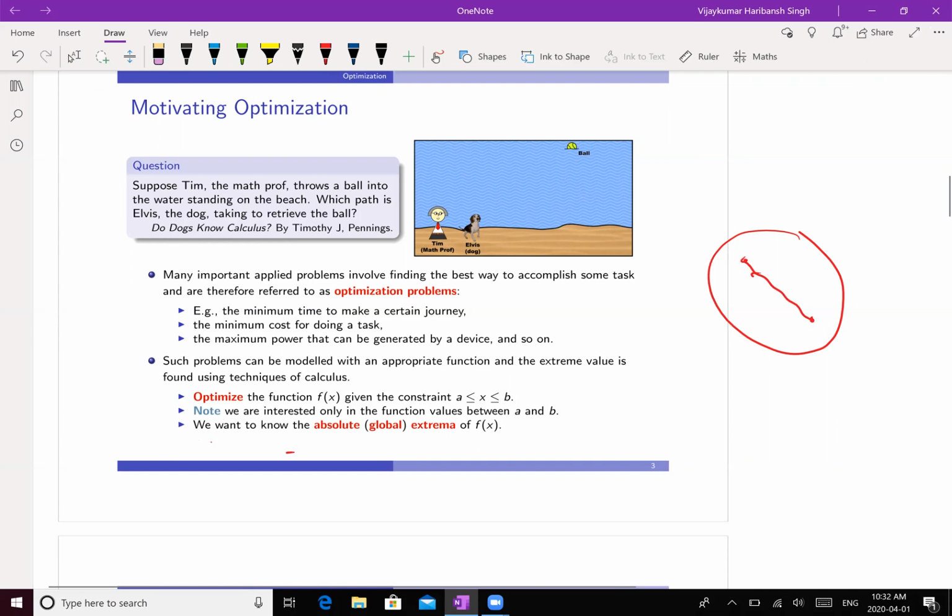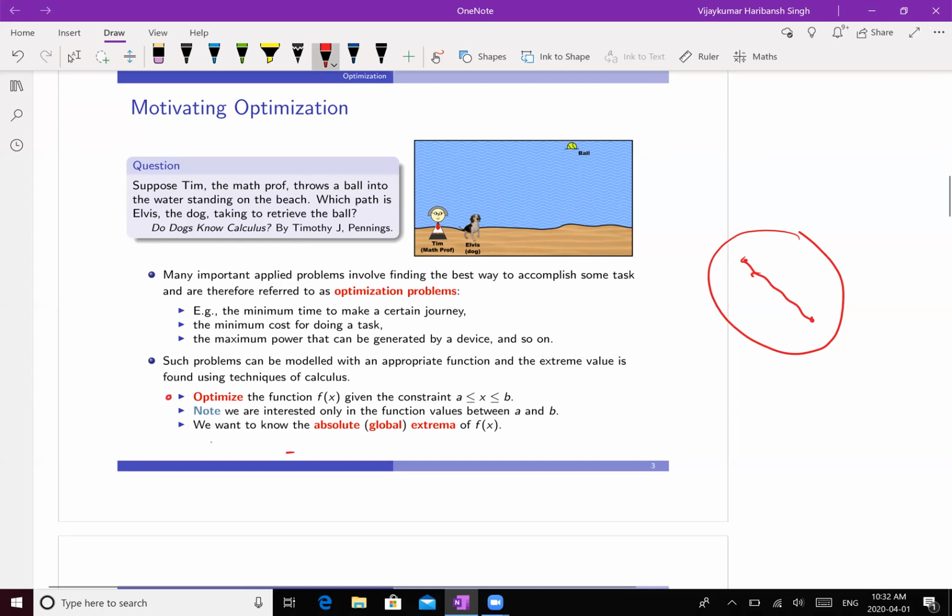Most of these problems can be modeled using a function, and then the extreme values can be found using techniques of calculus. So here is where our knowledge of calculus comes in handy. For example, you have to optimize a function f of x given the constraint that x is between a and b.